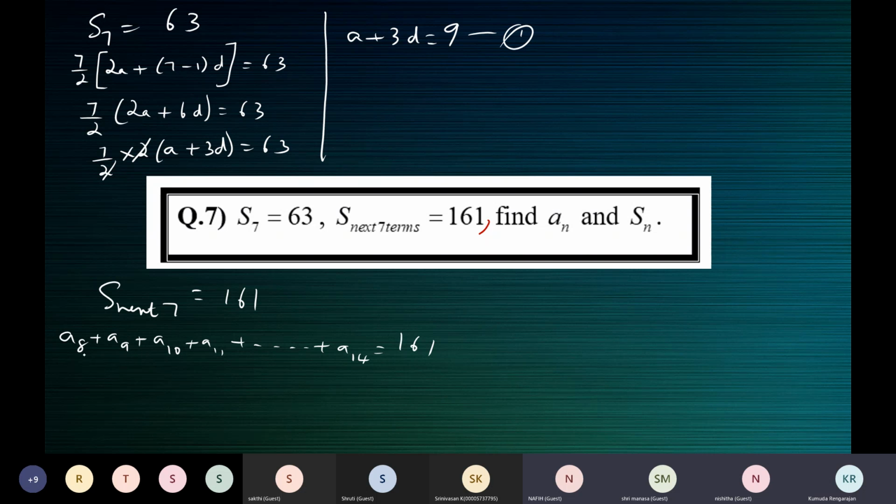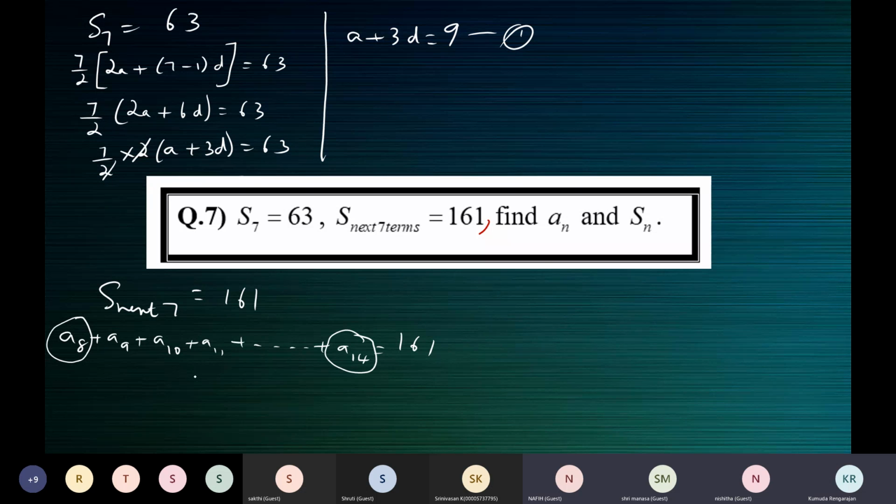Now you treat this one as an AP, where this is the first term, this is the last term. Treat this as an AP with A8 being the first term and A14 being the last term. Only if you do this, you can use the formula.